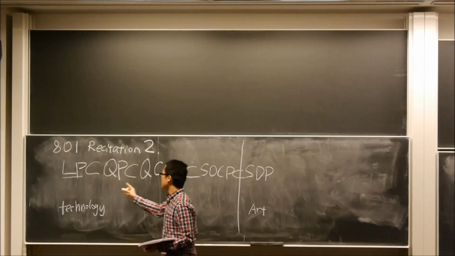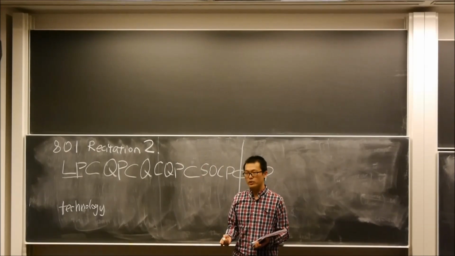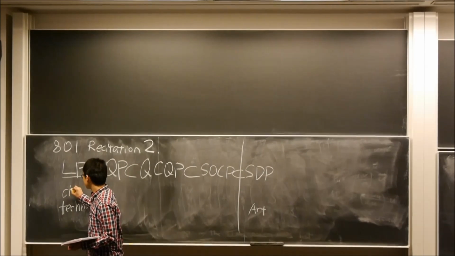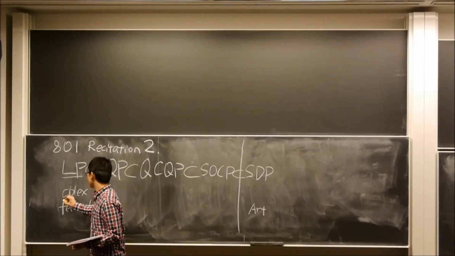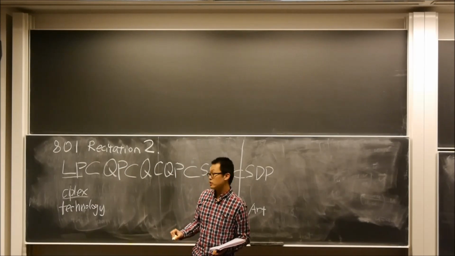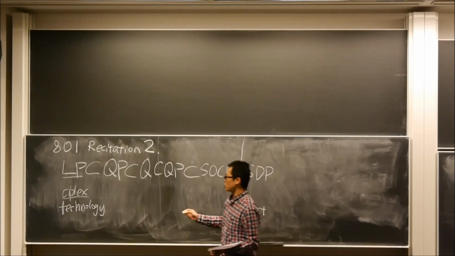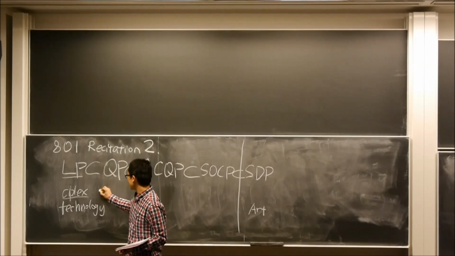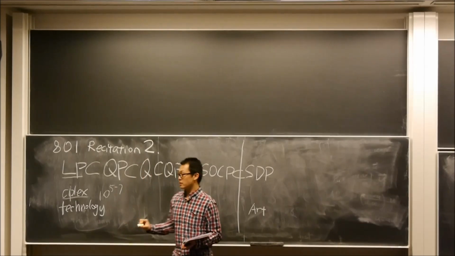Since LP, QP, and QCQP, etc. have really fast solvers, for example, CPLEX. CPLEX is now freely available for academic use. It's provided by IBM, and it's really fast. It's able to solve problems at the scale of 10 to the power of 5 to 7 variables and constraints.